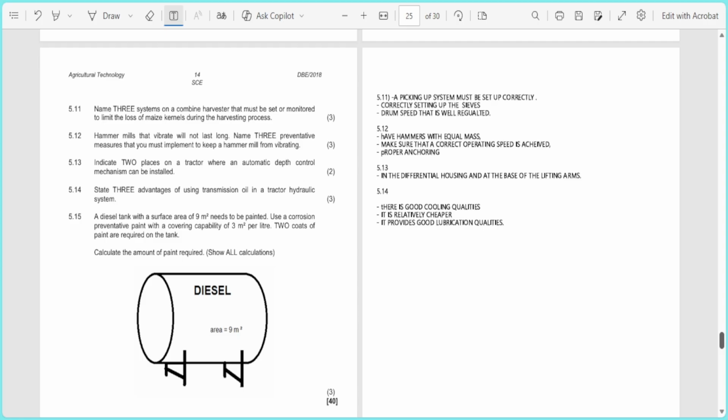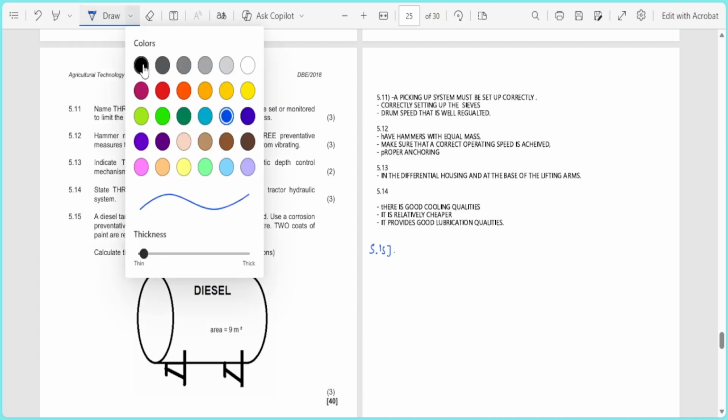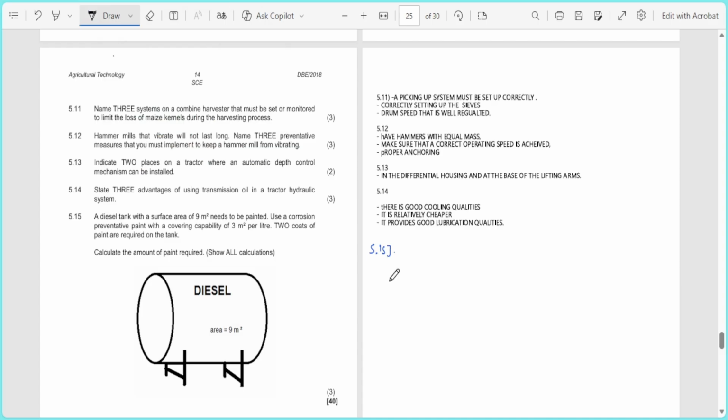Show all calculations. Now, going back to writing 5.15. I love this part. Calculations. It's my thing. Area is 9 square meters. Alright.